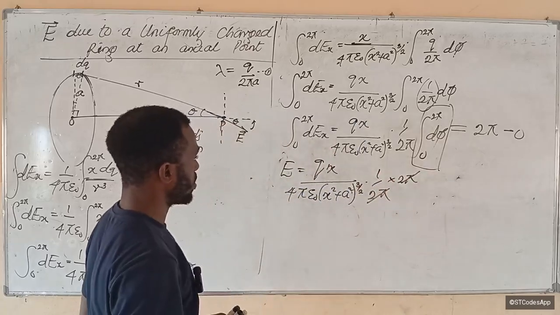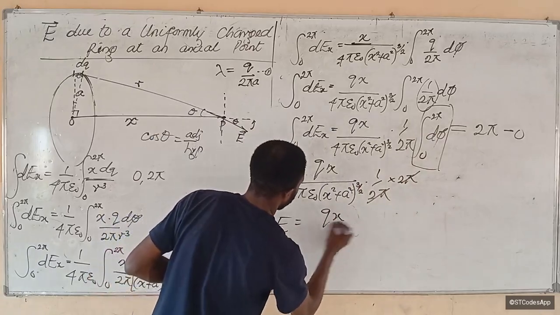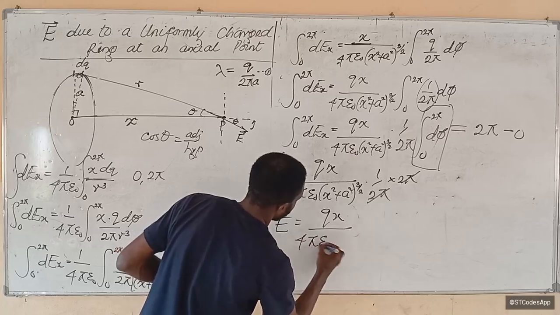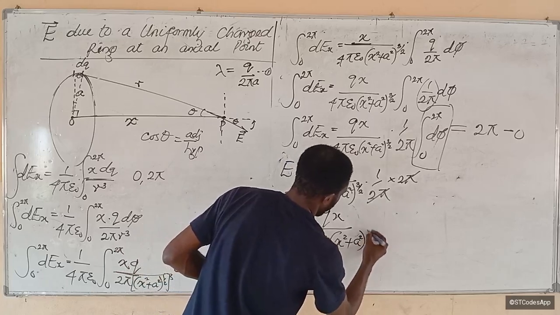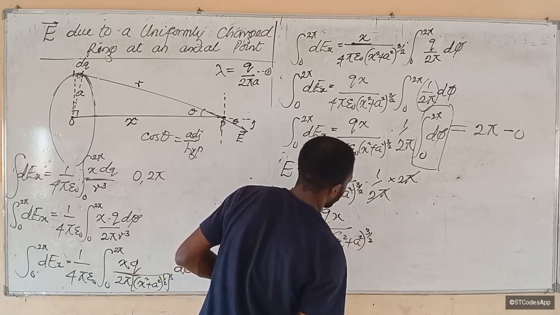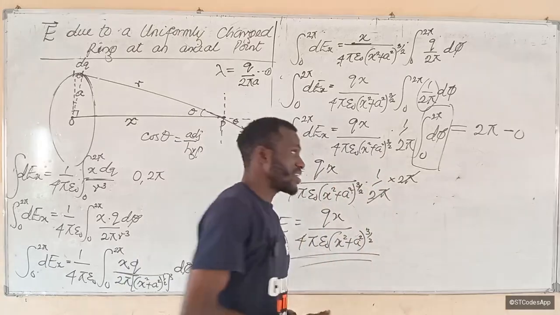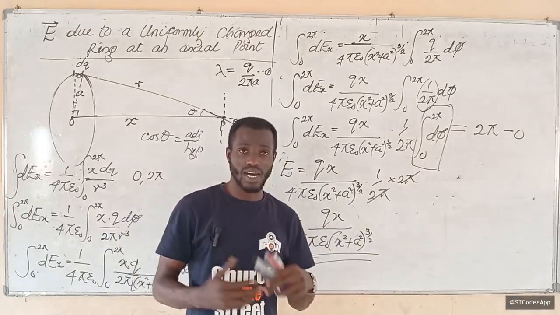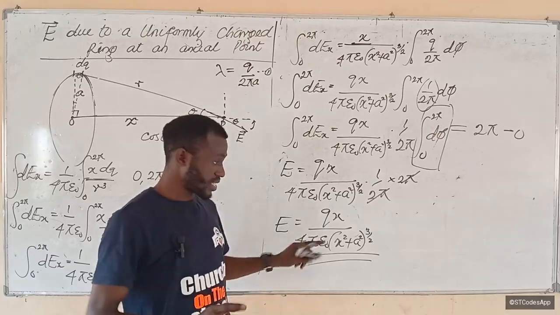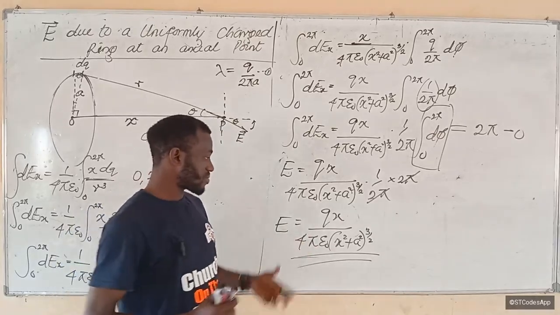So our final answer becomes Qx over 4 pi epsilon naught, x squared plus a squared, all raised to power 3 over 2. That's all. So that is how to find the electric field due to a uniformly charged ring at an axial point, point P. All right, so that is our answer.